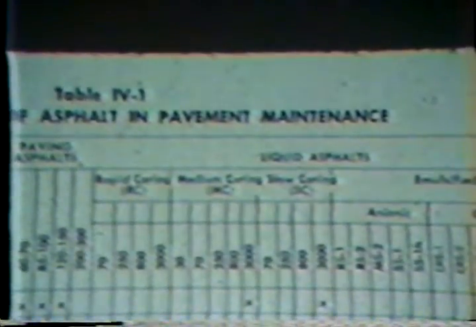But essentially what it does also for you is identifies all the asphalts that I introduced you to today. It identifies all of the methods that you use here in Vermont for maintenance, and it tells you what type and grade of asphalt I generally recommended for that practice. Therefore, if some salesman comes in and tells you you're going to use something different and there's no little check mark in the box, at least you've got reason to question what the procedure will entail and make him document performance on that basis.